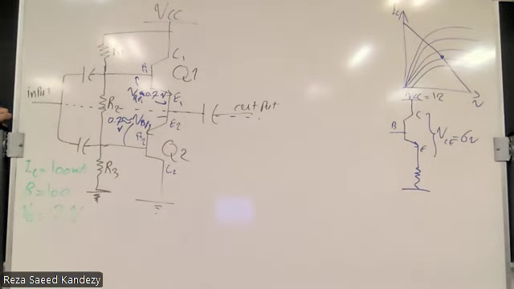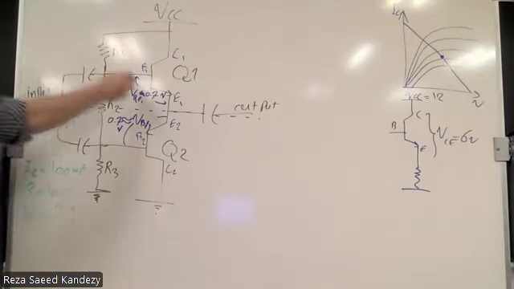What does that mean? The first conclusion that you can get is that the voltage between the two bases is going to be around 1.4. Are we good? It's simple KVL.